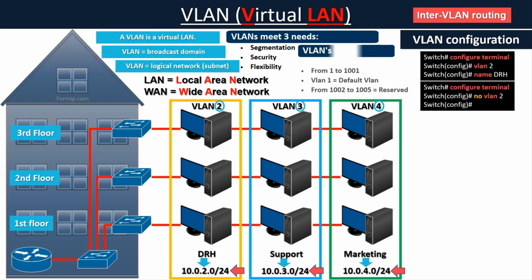VLAN 1 is the default VLAN. VLANs are identified with a number between 1 and 1001. This is the normal range. Only VLANs from 1002 to 1005 are reserved for the Token Ring and FDDI protocols.